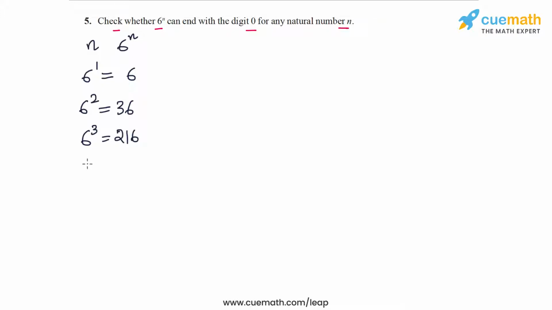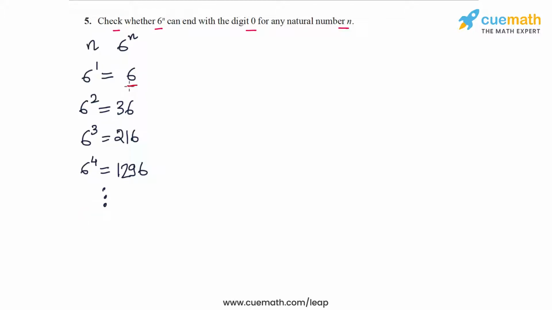And when n is 4, then 6 to the power n will be 6 to the power 4 or 1296, and so on. So in this sequence, will there be a power of 6 somewhere which ends with the digit 0? So look at the first 4 terms of this sequence.